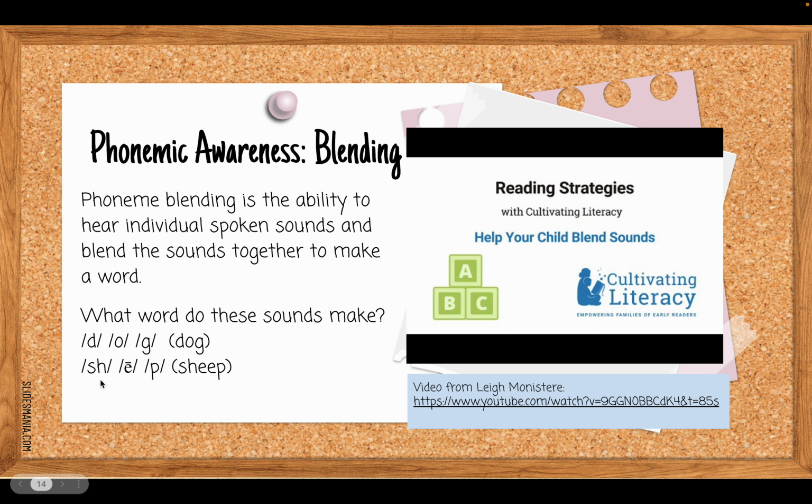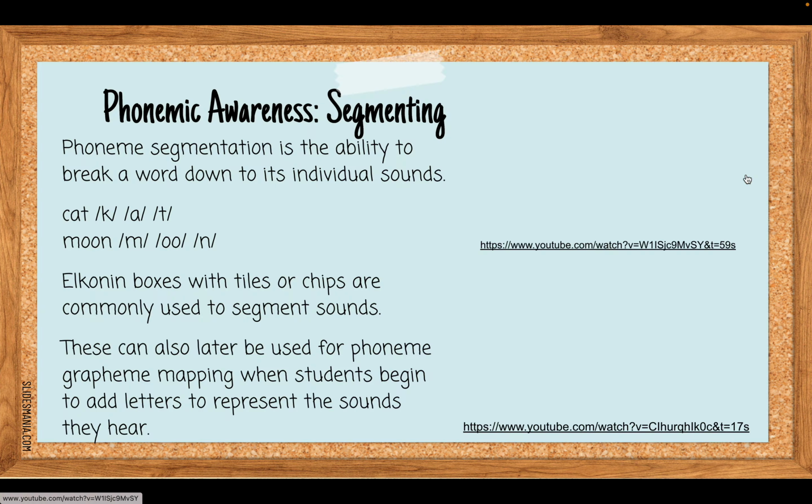Dog. Sh, e, p. What's the word? Sheep. And again, right, we're looking at not necessarily individual letters, we're looking at individual phonemes. Okay, this is also a great video that highlights that, of kind of what that looks like in the classroom.